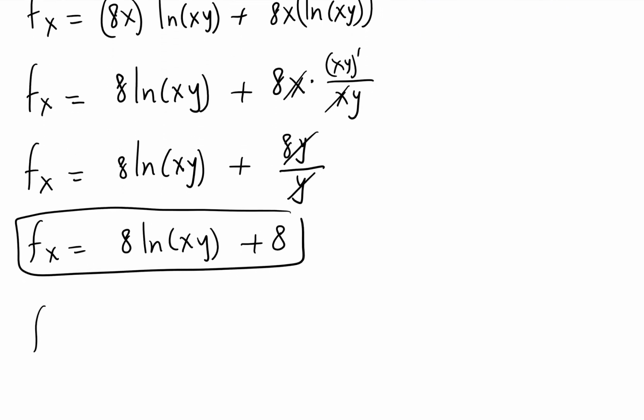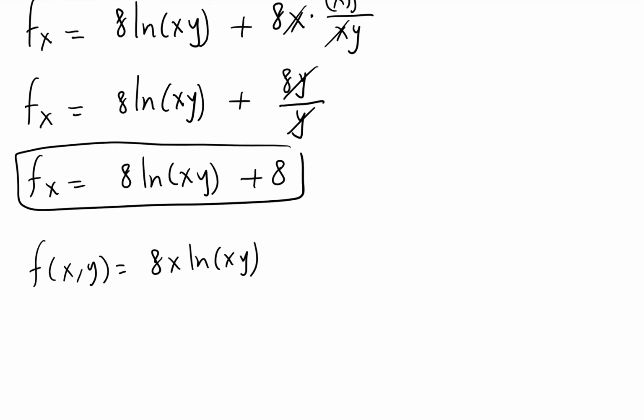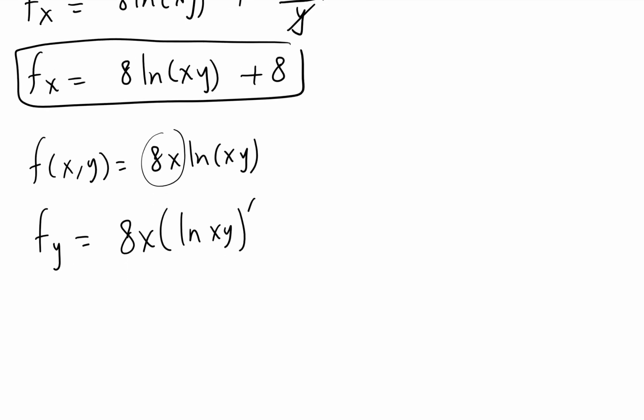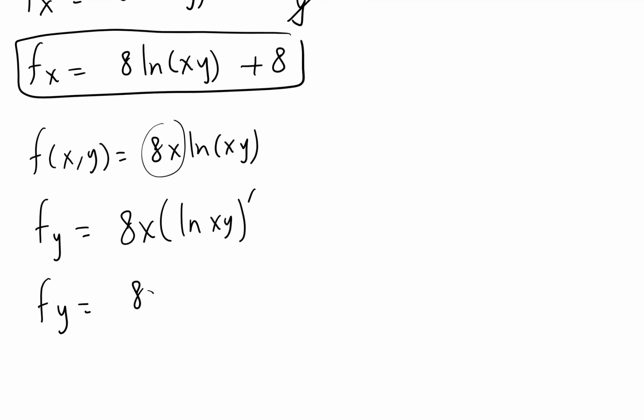So let me write the f of x, y back again, 8x natural log of xy, and we need to find f sub y. So again, here differentiating with respect to y, so all this is constant, you just keep it as is. All we have to do is just find the derivative of this. So f sub y equals 8x.